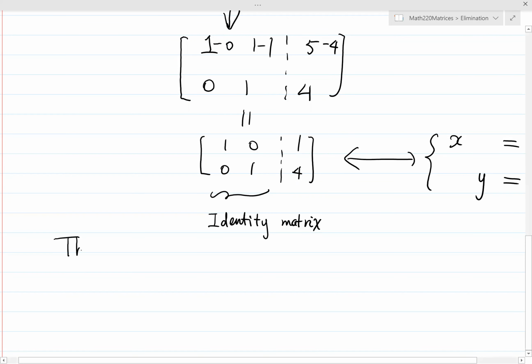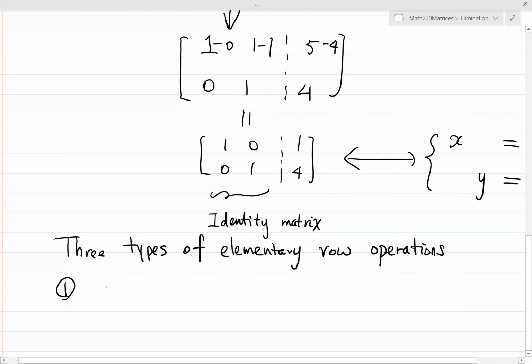Three types of elementary row operations. First, we can switch the two positions of two rows.